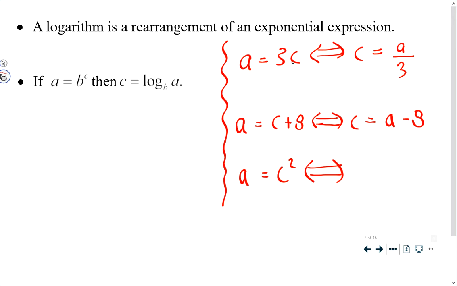But the concept of undoing a squaring is something that would be foreign to you. So your teacher would have introduced to you, and I don't know the exact grade, this new symbol, the square root, and basically it's the opposite of squaring. You, of course, don't learn about the plus or minus until you get to grade 11, but that's okay. It's the same thing that's going on here.